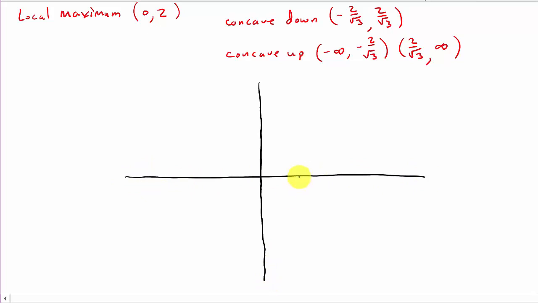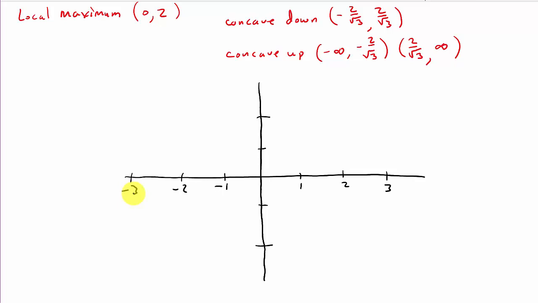All right, so let's label this 1, 2, 3, -1, -2, -3, and then let's do 1, 2, 1, 2. All right, 1, 2, 3, -1, -2, -3. Now, let's go up here and let's plot the points first. That's usually what I like to do.